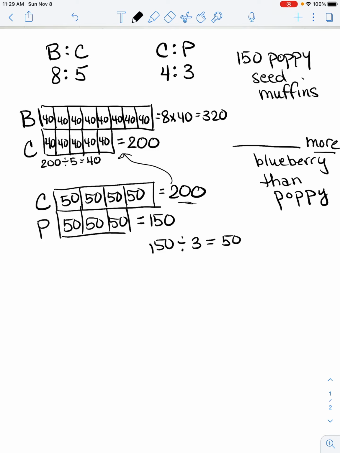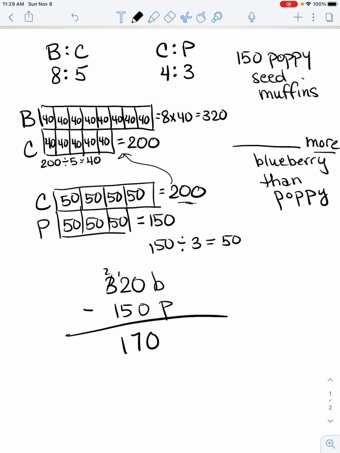So we're going to take our 320 blueberry minus the number of poppy, which is 150. And we are going to get 170. And so there are 170 more blueberry than poppy.